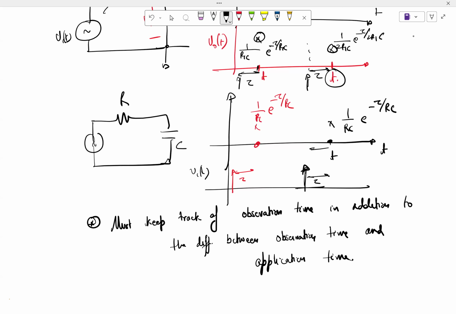Okay, fine. So which means that for this particular case, I have to figure out the impulse responses for both scenarios and then proceed with the analysis. Right? Okay, so let's do that.